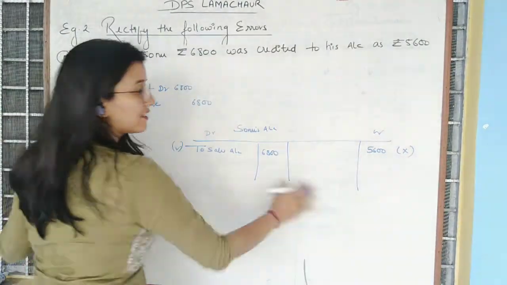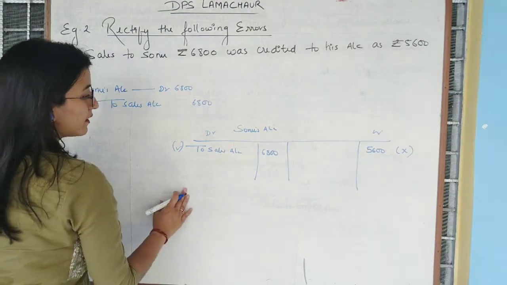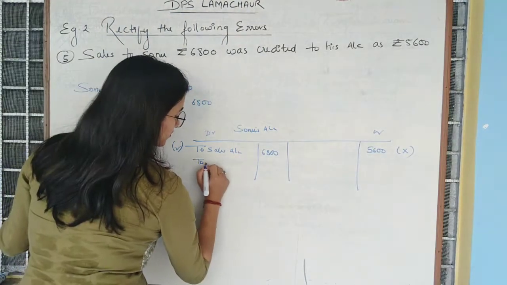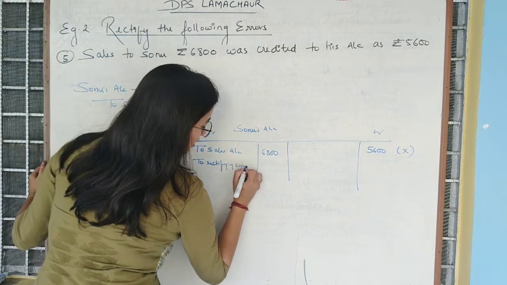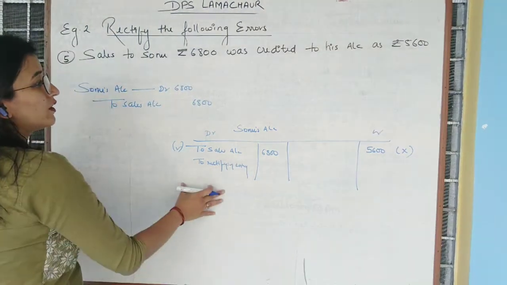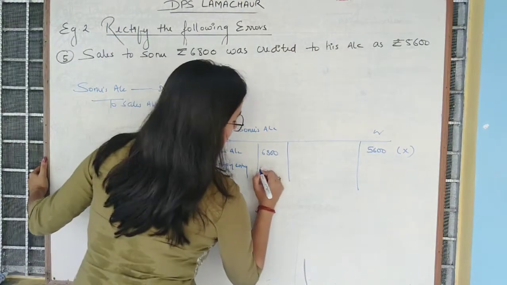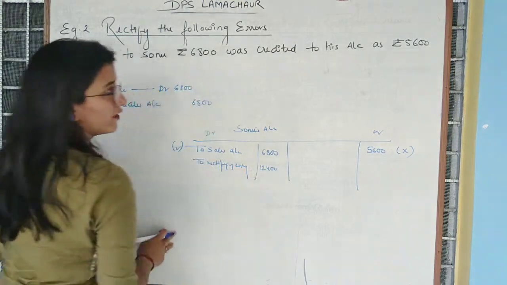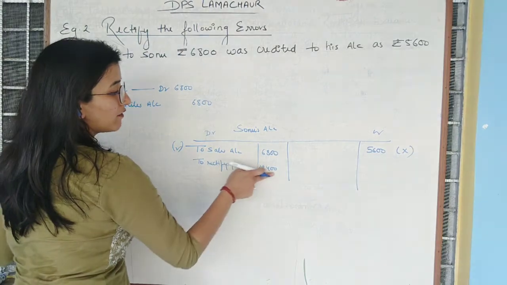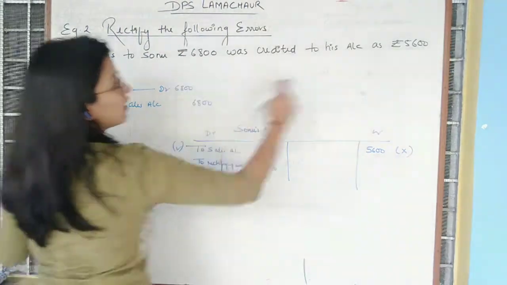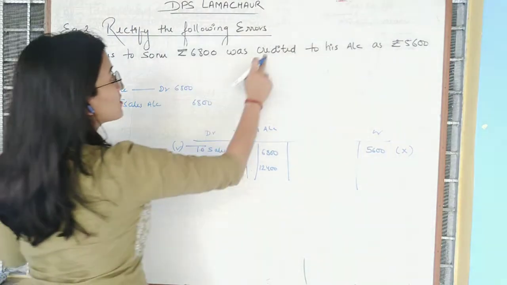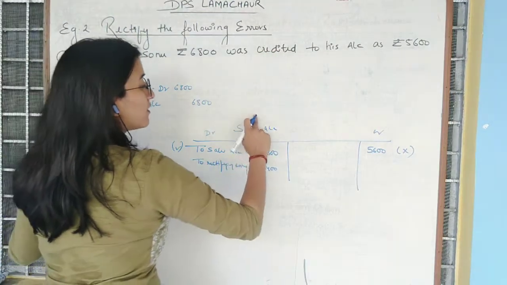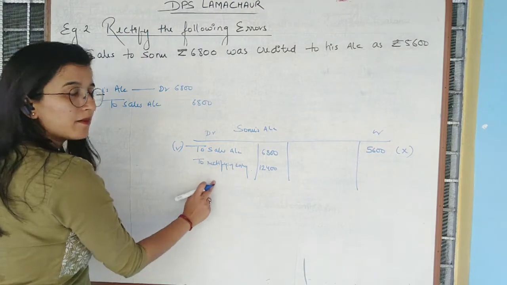So to rectify this error, we will debit Sonu's account with the amount 12,400. We get this amount by adding 5600 plus 6800. As it was wrongly credited, we will rectify this error by debiting this amount.